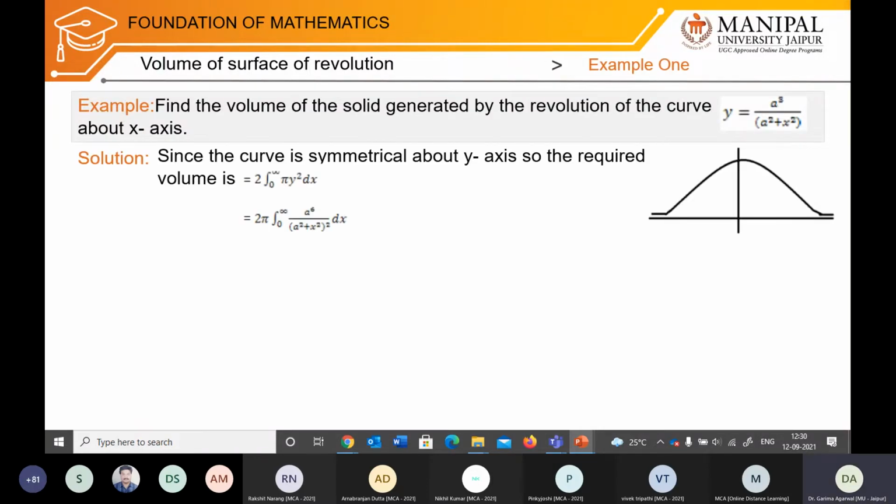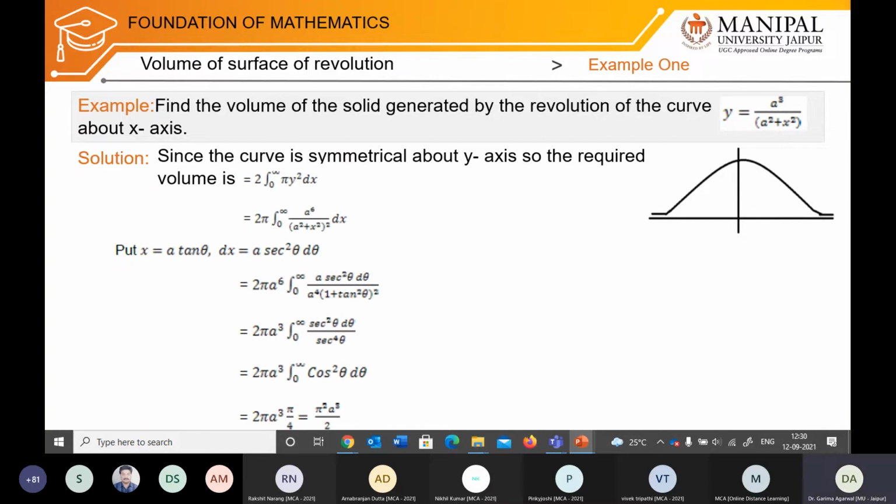Now for example, we need to find the volume of the solid generated by the revolution of this curve about x-axis. So revolve about x-axis, that means it is pi y square dx. Formula is integration pi y square dx, a to b.